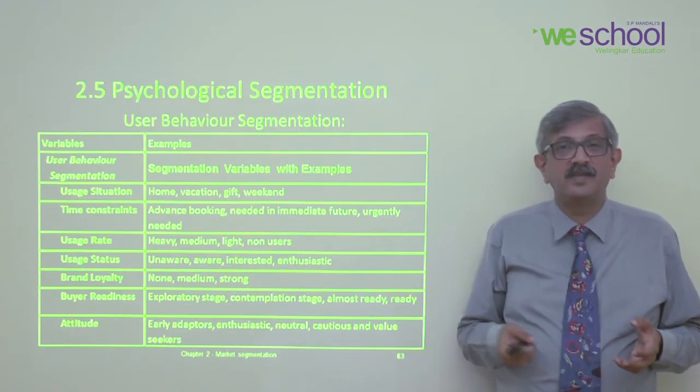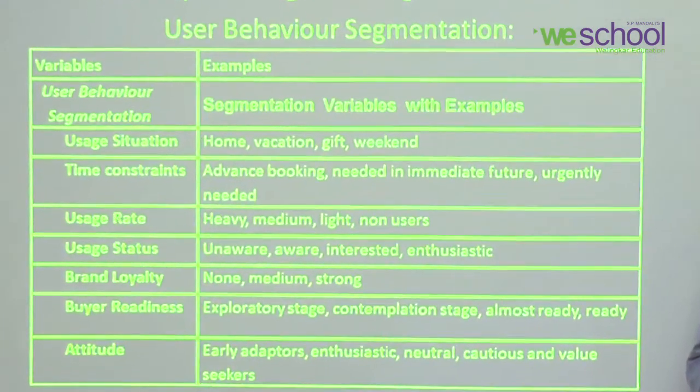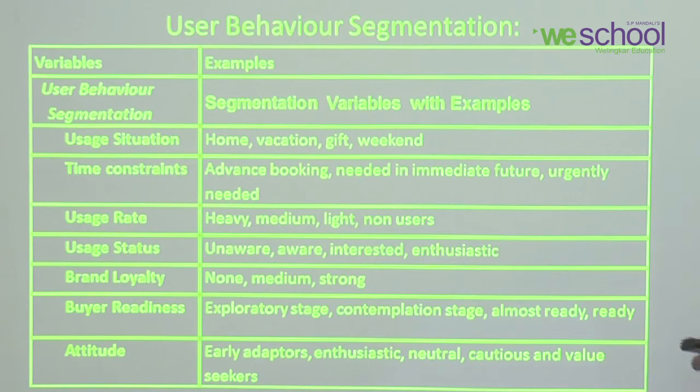Then comes the user behavior segmentation. So how the user behaves. On that premise the segmentation has evolved. There is usage situation, time, and aspects like rate, status, loyalty, readiness and attitude. Like usage situation, whether it is used at home or given as a gift, your entire attitude changes if you are buying something for yourself or something to gift.